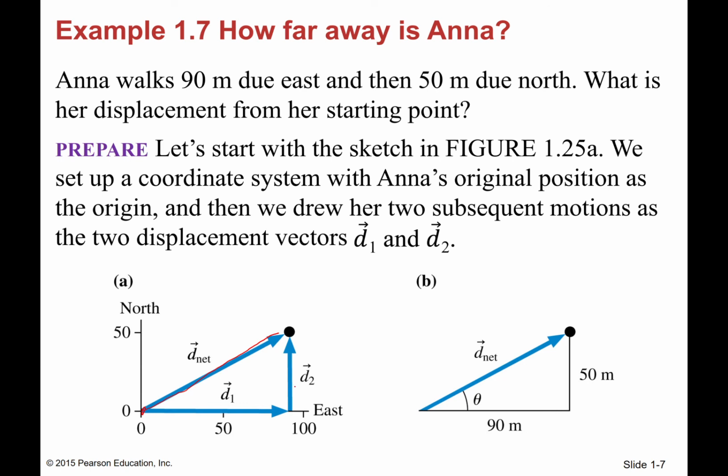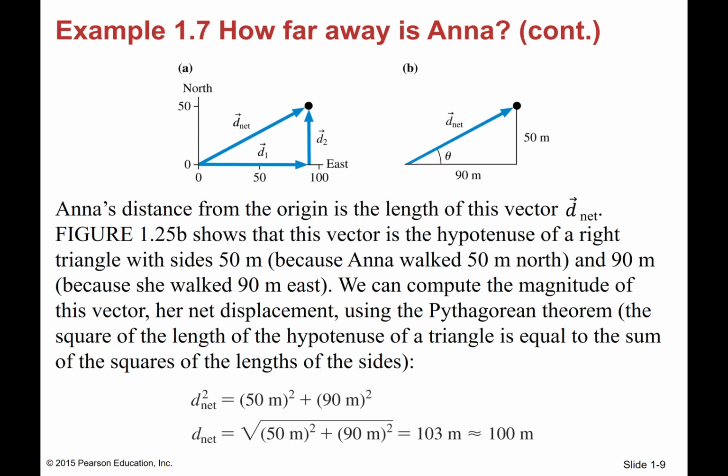We know D1 and D2, so we can do Pythagoras quickly. D net squared is equal to this squared plus this squared. So that's 50 meters and 90 meters, both squared. When we solve that, we get that she is roughly 100 meters away from 0. So this distance here is 100 meters, and this vector has a size of 100 meters.